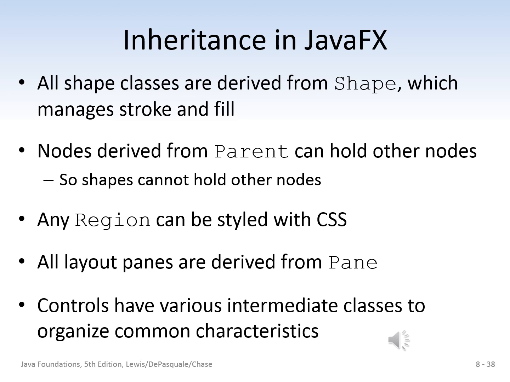Any region can be styled with CSS. All layout panes are derived from pane. Controls have various intermediate classes to organize the common characteristics. Remember, you want to push the common characteristics upward as high as you can in the class parent-child hierarchy.